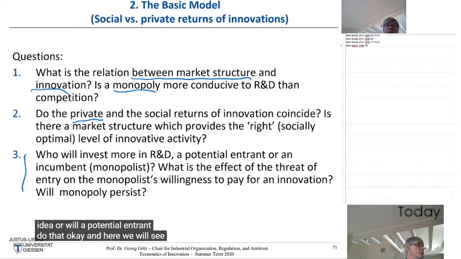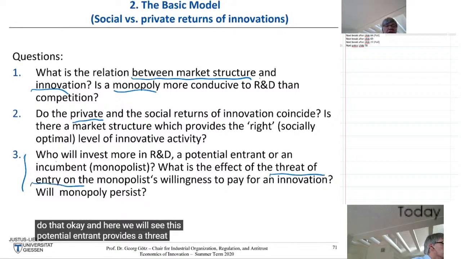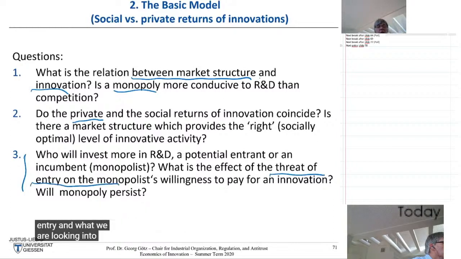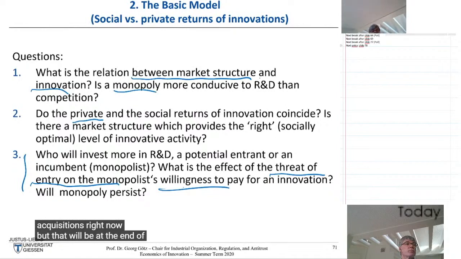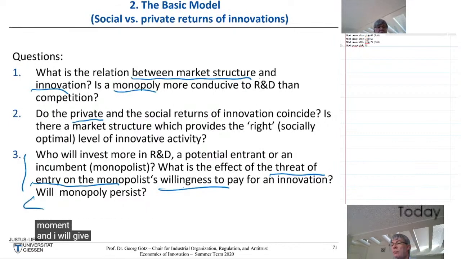Here we will see that the potential entrant provides a threat of entry, and we look into how that affects the monopolist's willingness to pay for an innovation, and therefore whether a monopoly will persist for a long time. We might discuss a topic called killer acquisitions, but that will be at the end of the next lecture, or even in the one after. That's rather abstract for the moment, and I will give more examples then.